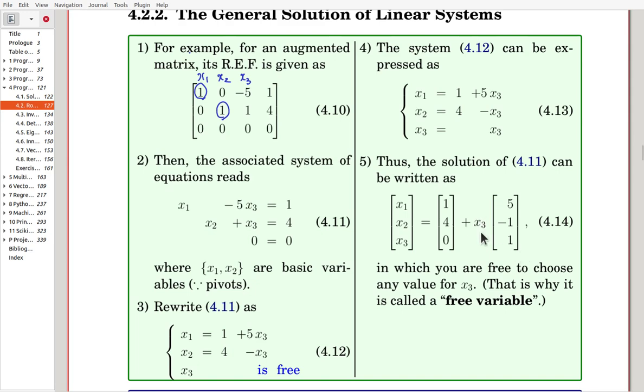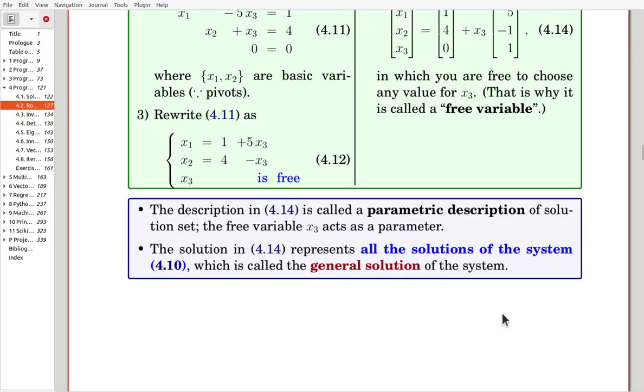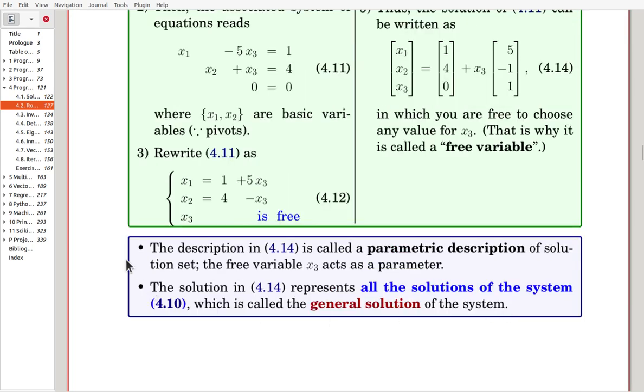So you can choose x3 freely. That's the reason we call it a free variable. The description in this equation is called a parametric description of the solution set. And the free variable x3 acts as a parameter.